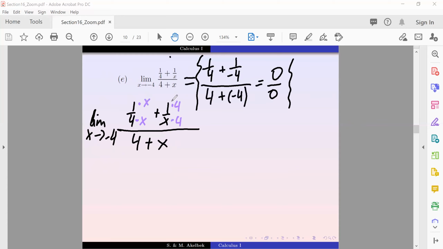I'm performing the fraction first. So we have still limit as x goes to -4, and on the top we have x plus 4 over 4x, all over 4 plus x.